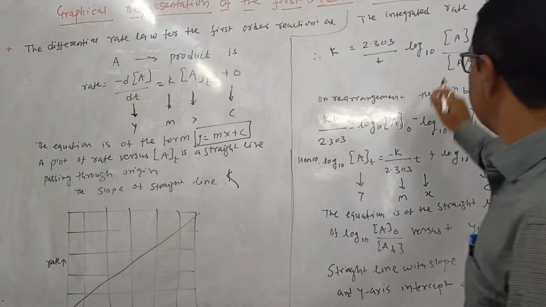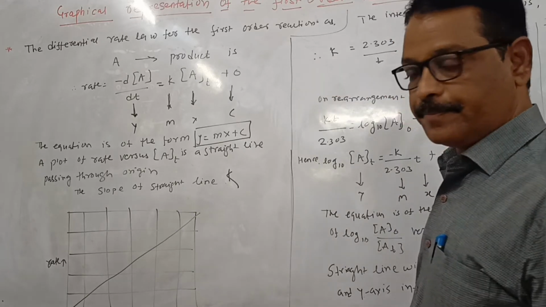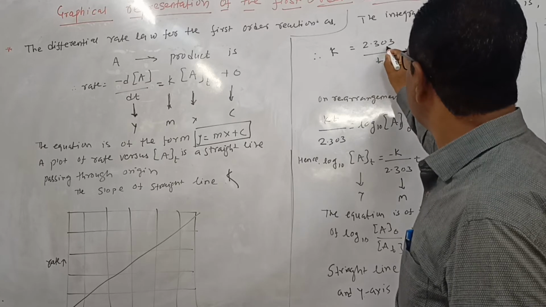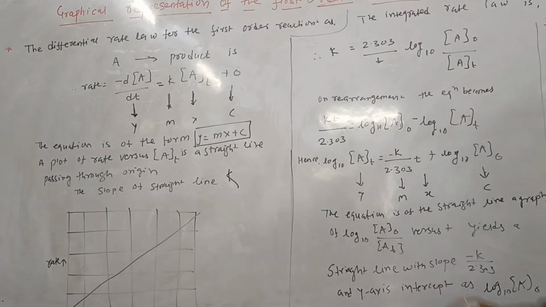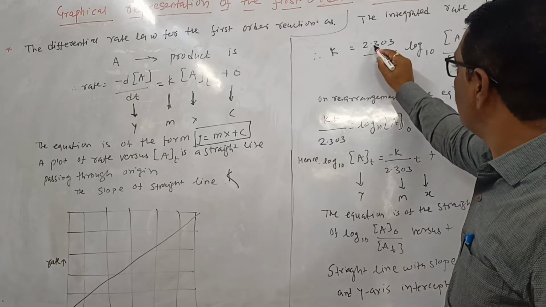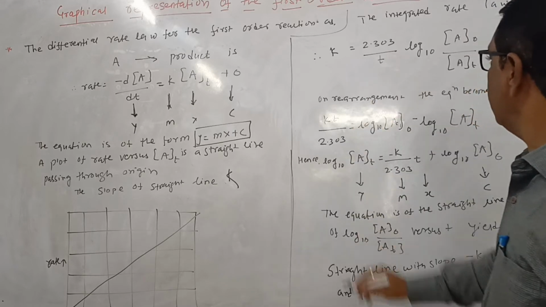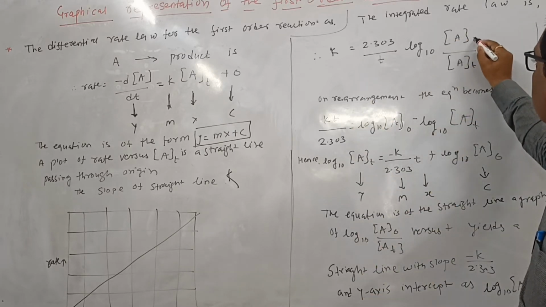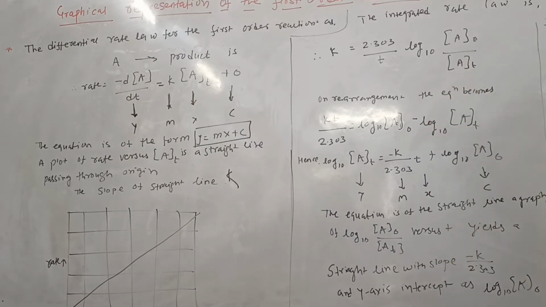The integrated law is now, therefore, k is equal to 2.303 upon t log 10 concentration A0 upon A at time t. This is the integrated law.